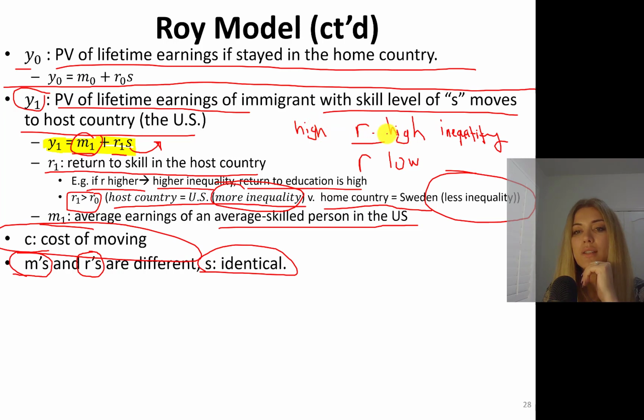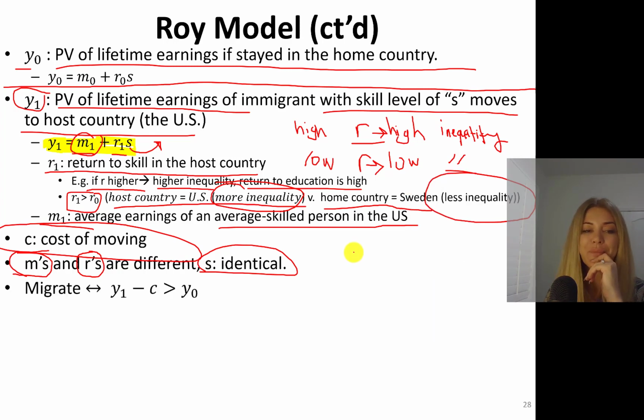High R implies high inequality. Low R, low return to education, means low inequality. In countries like Sweden, you will see less difference between, let's say, janitors and managers. Okay?